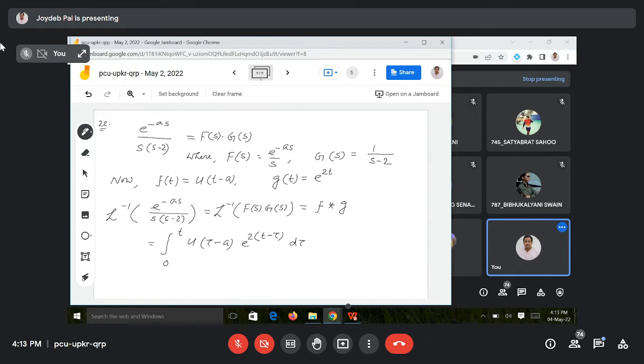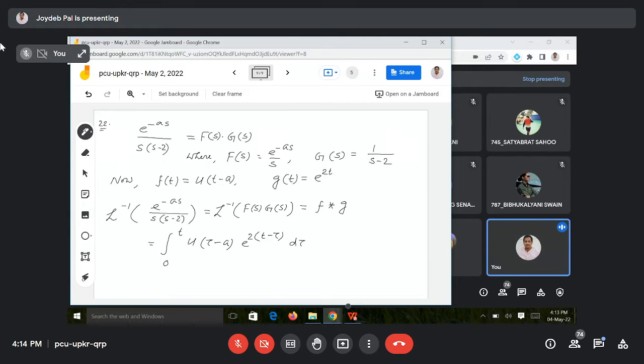Now, how to integrate it? If it is u(t minus a), we can't directly integrate, because u(t minus a) is a piecewise function. So we have to split it into two parts according to the definition of the Heaviside function.